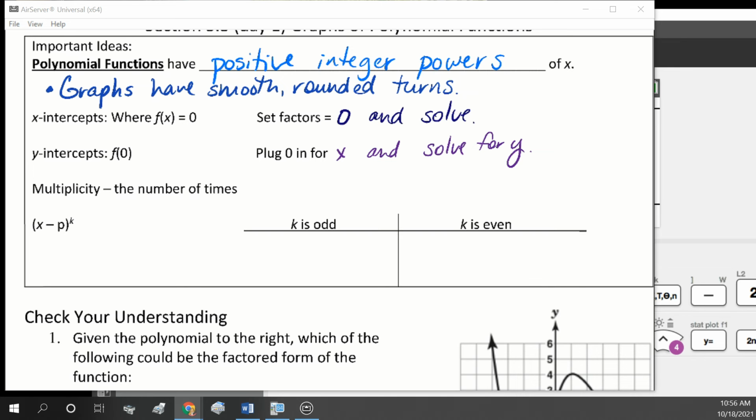Okay, and then the multiplicity of a factor, or of a 0, is the number of times a factor occurs.